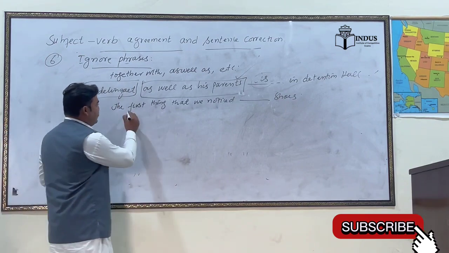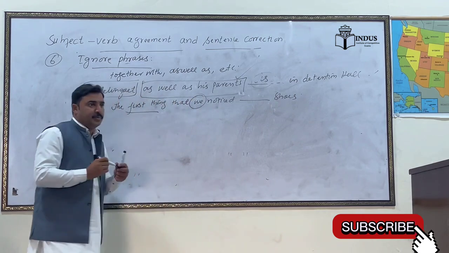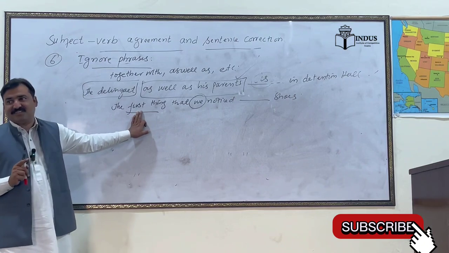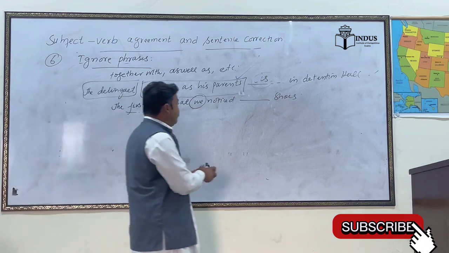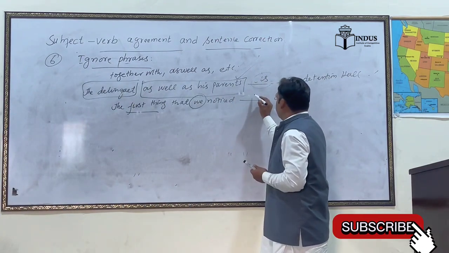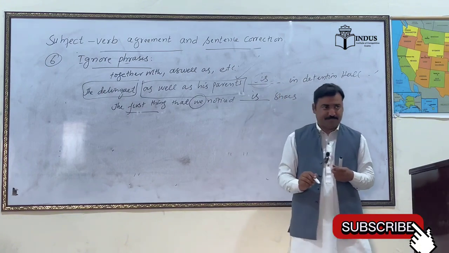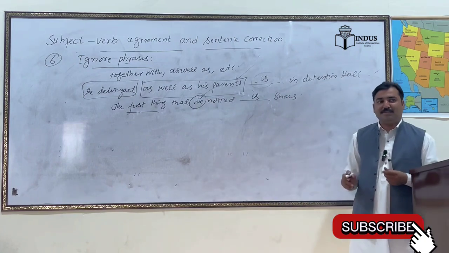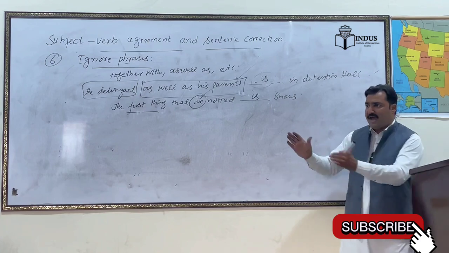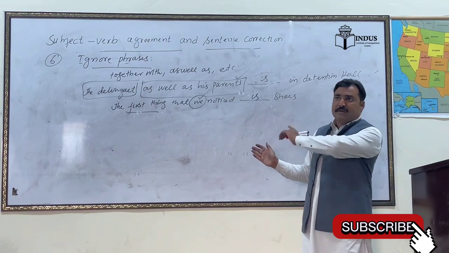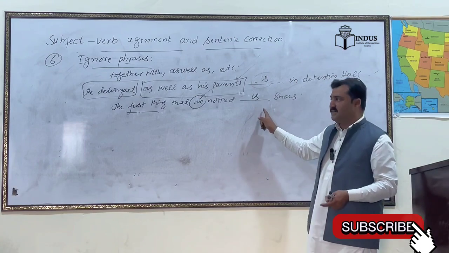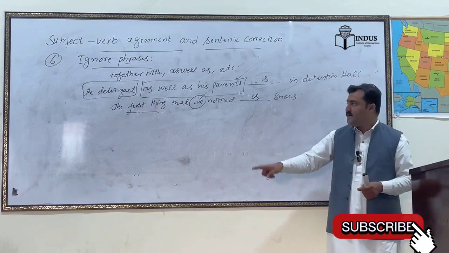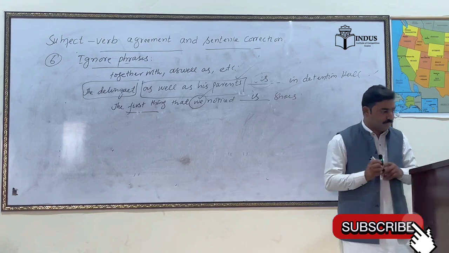There are two subjects, the first thing and we. The subject of the verb is the first thing. Now, the first thing is shoes, remember. Don't make it plural because of we. If you have two subjects, your first subject will be the subject of the verb. If it is singular, treat the verb as singular. If it is plural, treat the verb as plural.